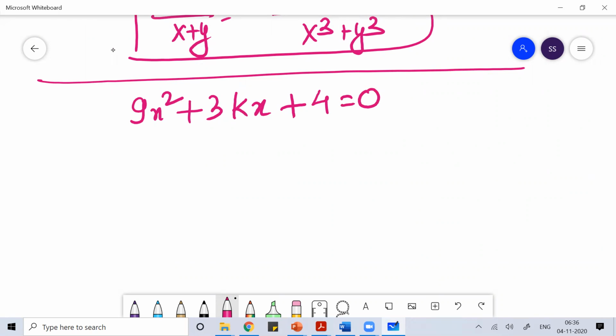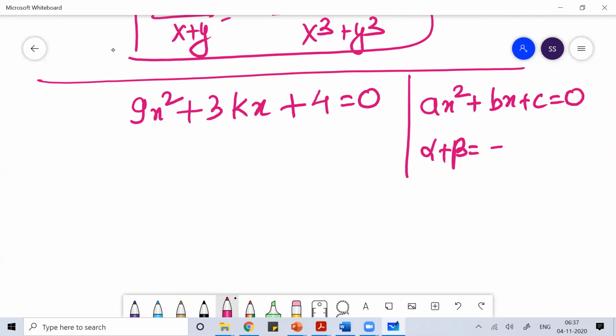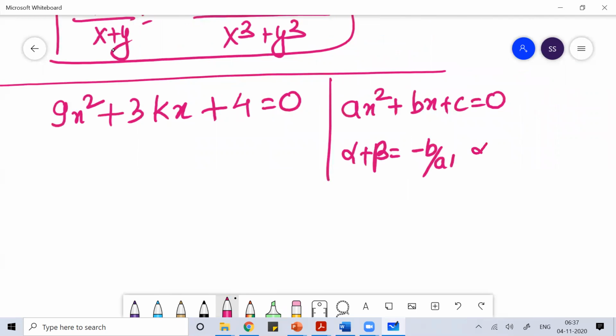Whenever you see a quadratic equation, it is in the form of ax squared plus bx plus c equal to 0, where the sum of roots alpha plus beta is minus b by a, while the product of roots alpha into beta is c by a.